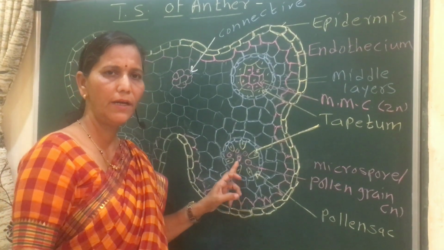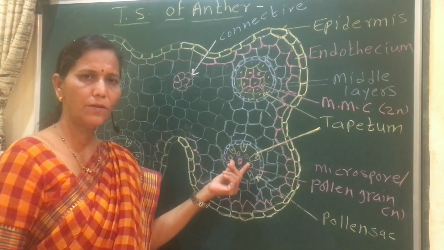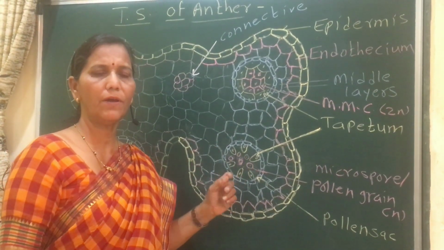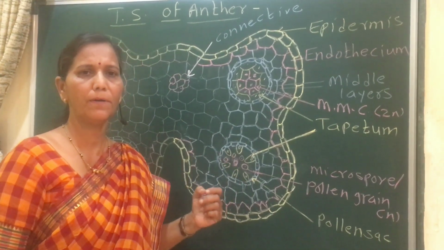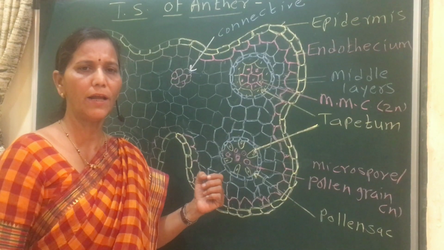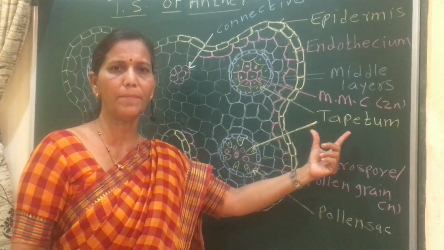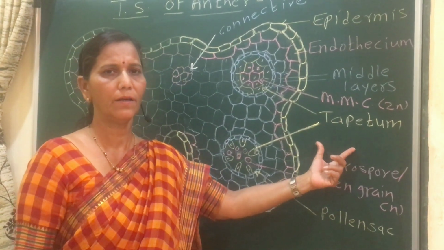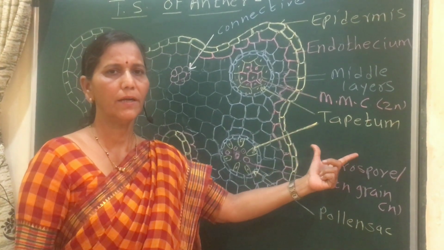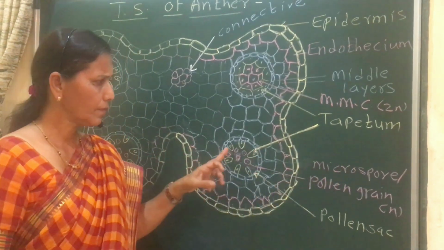Second function, it also participates in the formation of the outer covering of pollen grain, which is called exine, made up of a substance called sporopollenin, and that sporopollenin is secreted by this tapetum. Remember, this is the most important point. Tapetum secretes sporopollenin.